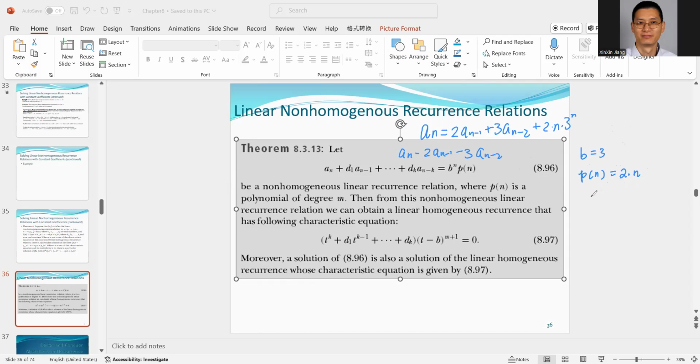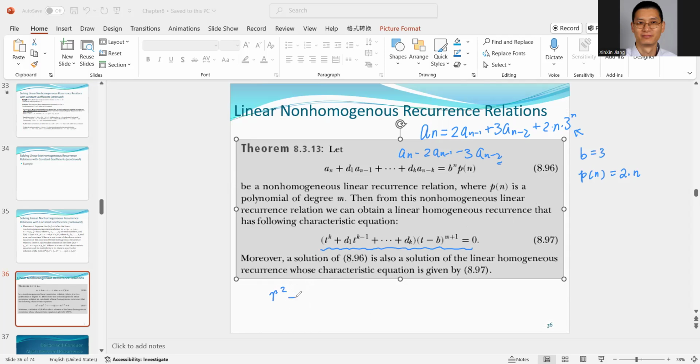So for this problem, we're going to simply write down the characteristic equation once and for all. This is the characteristic equation. We can use t or r, it doesn't really matter. We use r squared because the degree of the recurrence relation is 2.